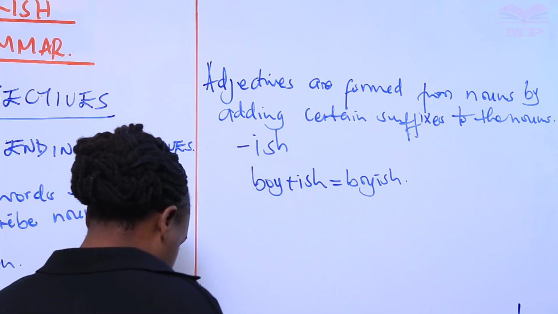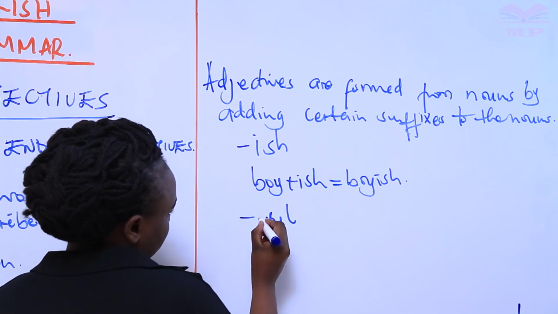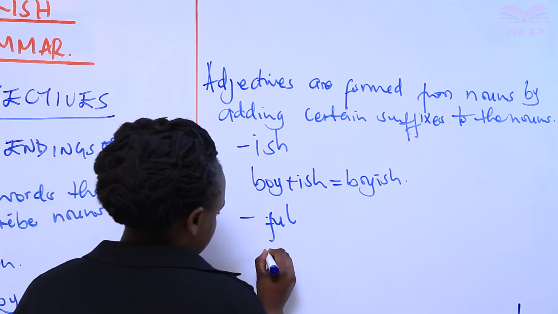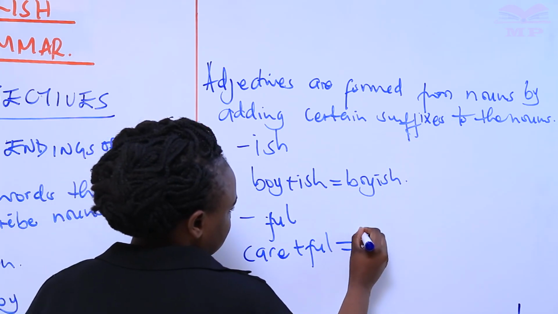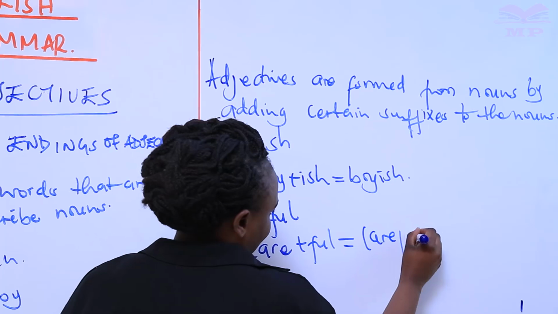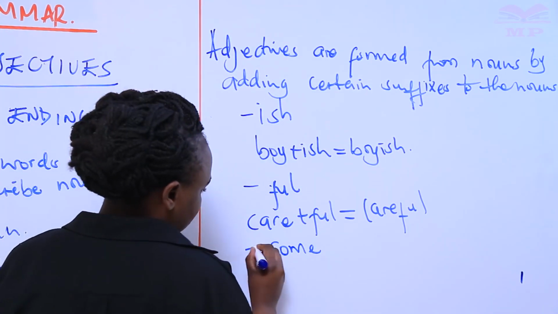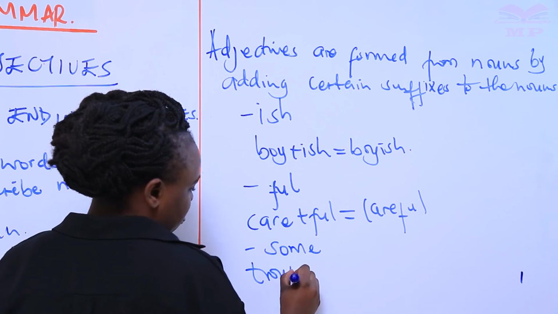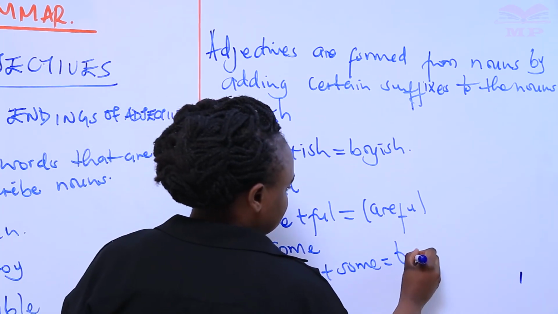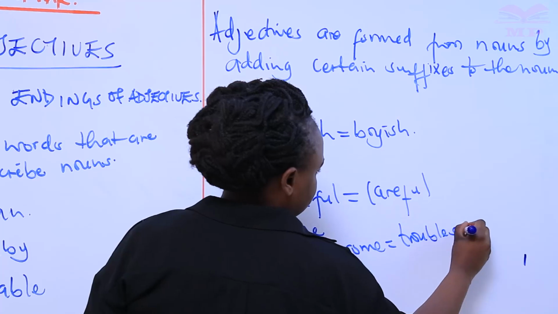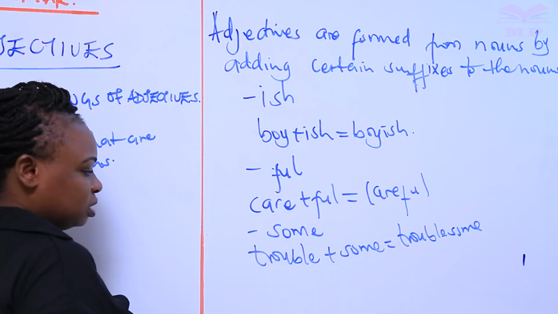Another one is full, so that we have care plus full, careful. Another one, some, so that we have trouble plus some equals troublesome. So care plus full, careful; trouble plus some, troublesome.